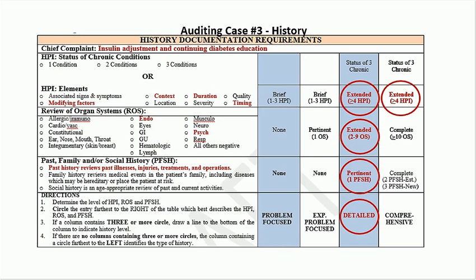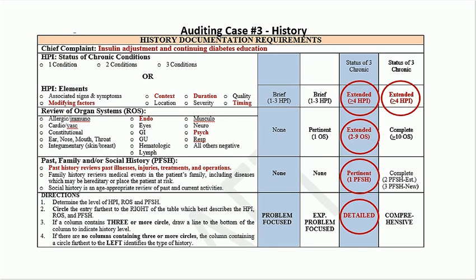Under the review of systems, the endocrine system is credited for the variable blood glucose, and the psychiatric system is credited for increased stress. This gives us an extended ROS, and we would circle the 3rd column for this element.